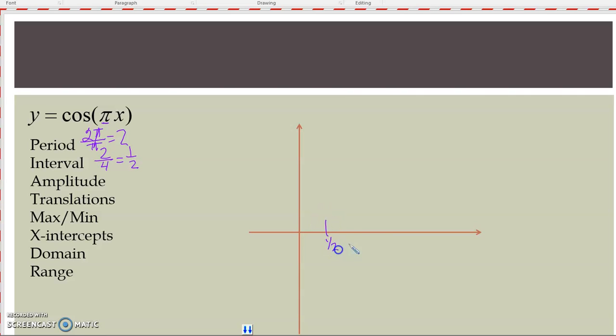So the first tick mark from 0 is 1/2, then add a 1/2, that's 1. Add another 1/2, that's 3/2. Add another 1/2, that's 2. And remember, cosine starts at 1, comes down, and back up. So that's our cosine wave.